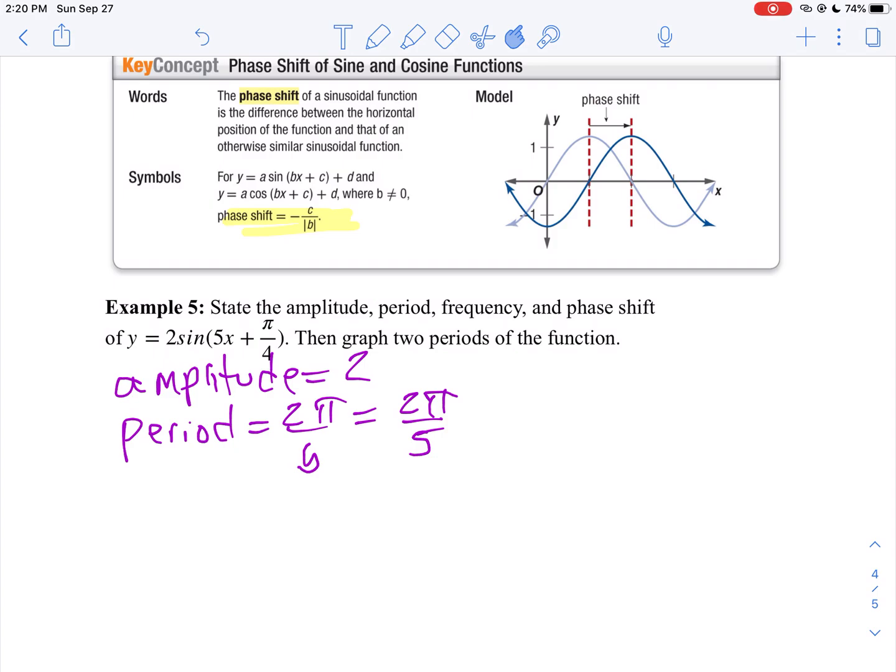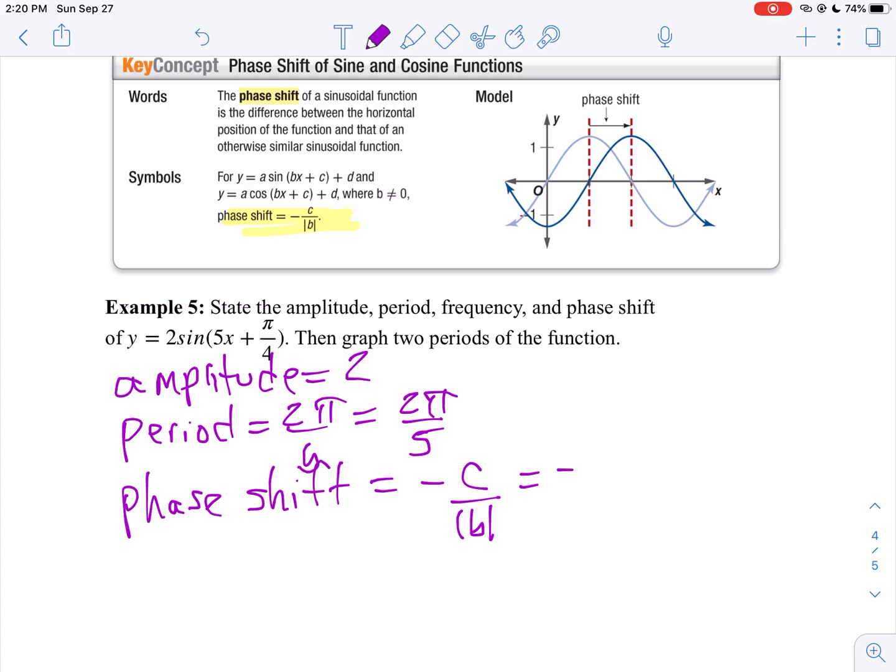Then let's find the phase shift. That's going to move it left and right. So my phase shift is going to be the opposite of c over the absolute value of b. Well, b is positive here, so it works out kind of nice.